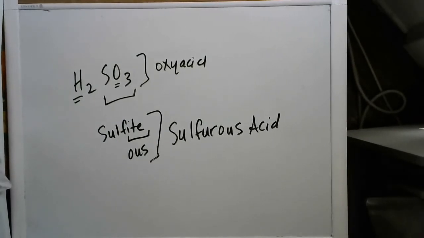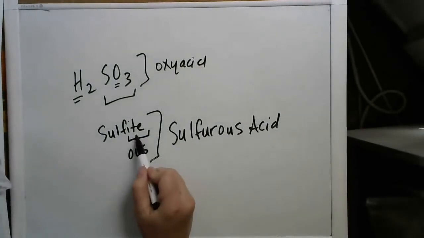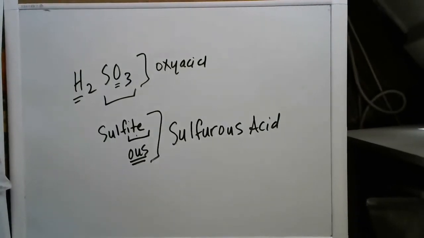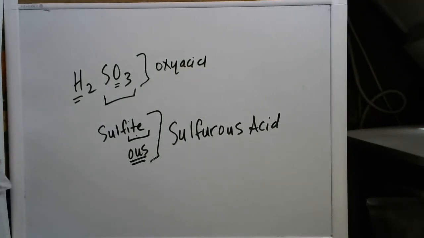And then number 83, we just answered by answering this question because it says when the name of the anion that is part of the acid ends in ITE, the acid name includes the suffix OUS. Okay.